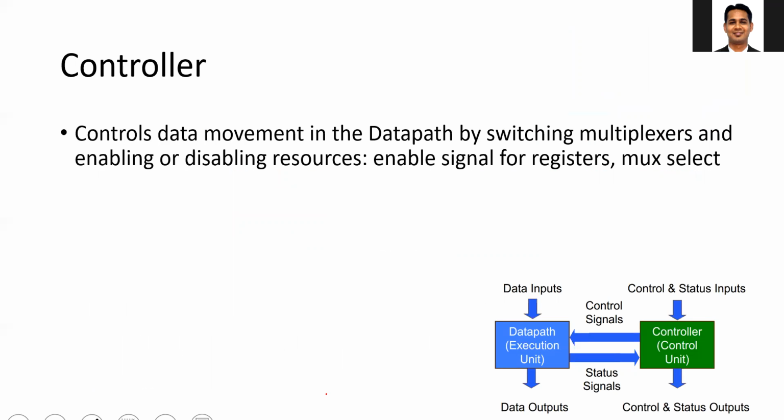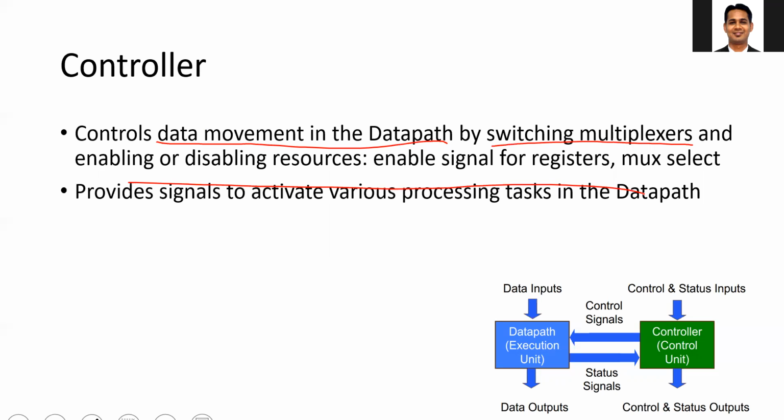What is the controller? The controller is the main unit. It decides at what point where the data should go into the data path, which unit of the data path should be activated, and understands the status signals from the data path and generates the control signals for the data path. So it controls the data movement in the data path by switching multiplexers, enabling and disabling the resources.